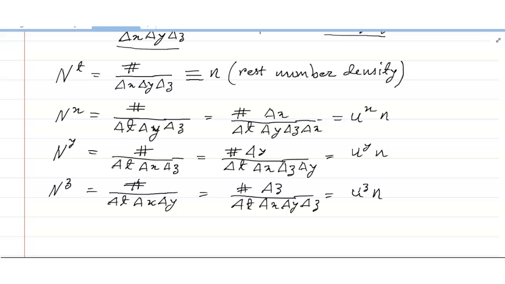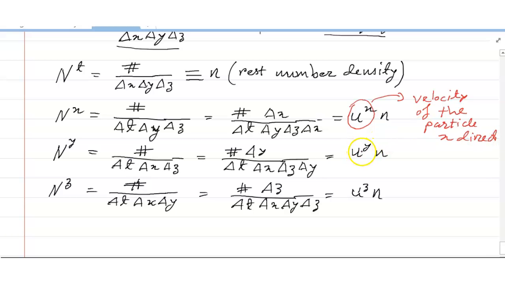Now you will notice that for the x number current density, also called x number flux, you can multiply and divide by delta x, and rewrite the term as the spatial density times the flux, times the velocity of the particles in the x direction. This portion is the velocity of the particles in the x direction.